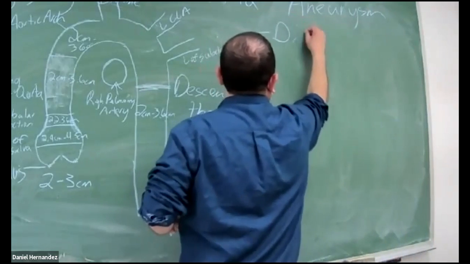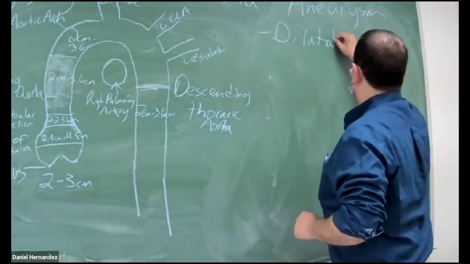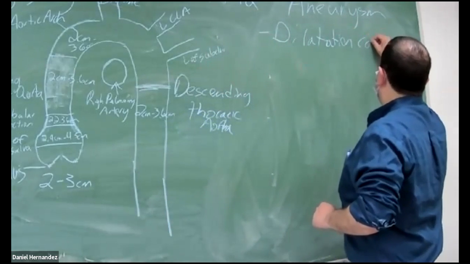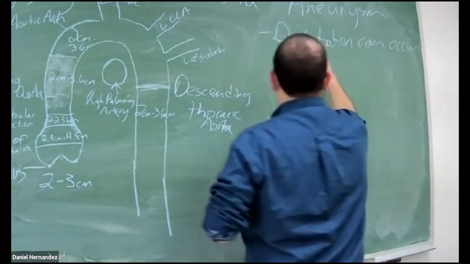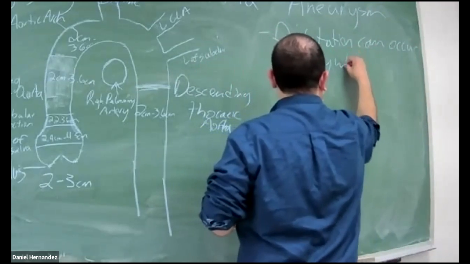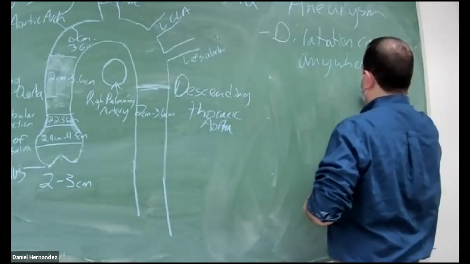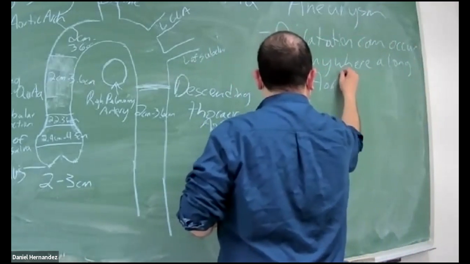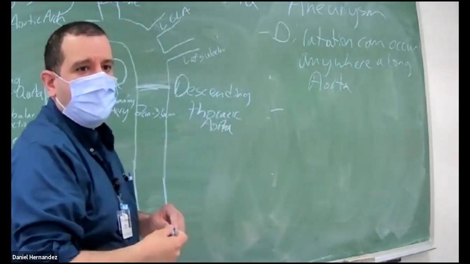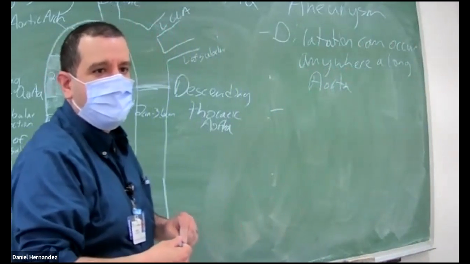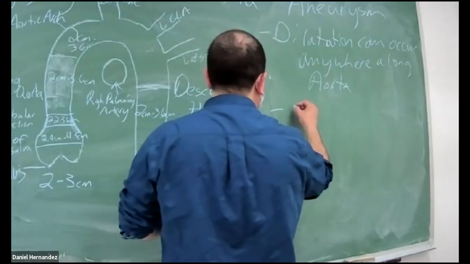An aneurysm is dilatation that can occur anywhere. It is defined as an enlargement to more than 1.5 times the normal dimension.